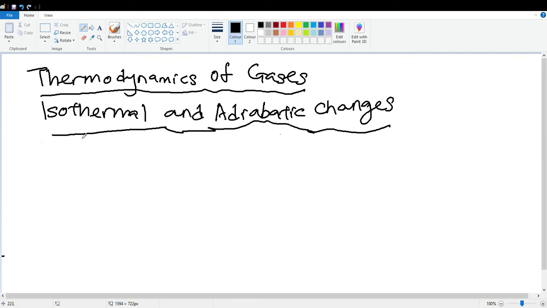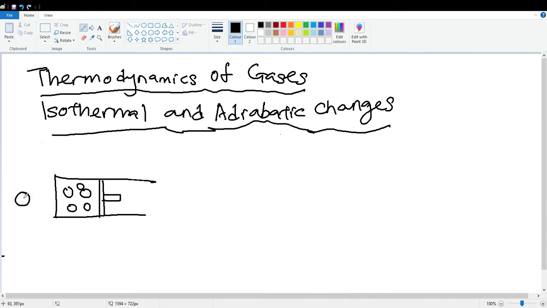In this subtopic, we're going to talk about isothermal and adiabatic changes. Before that, we need to know some basic principles. Let's say I have a piston here. This is the wall of the piston, and this will be my ideal gas.